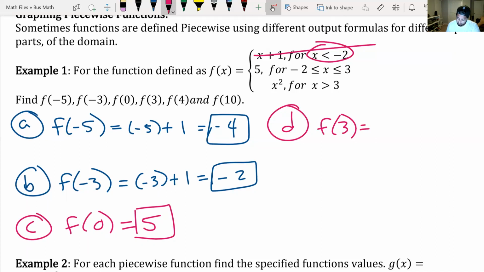So if I put a 3 in here, -2 is less than or equal to 3, which is good. Then, is 3 less than or equal to 3? Yes, it is. 3 is definitely equal to 3. So since this works, we again get to use the output of 5.